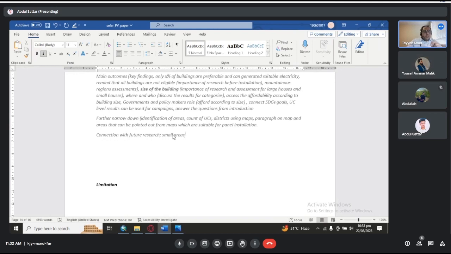So two or three buildings together can have a shared solar panel project. We can discuss the possibility. We are not going to speak about the feasibility of that, but we are going to raise this point.